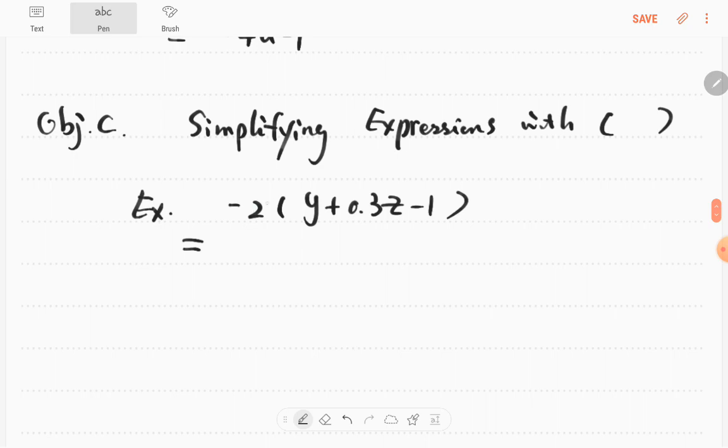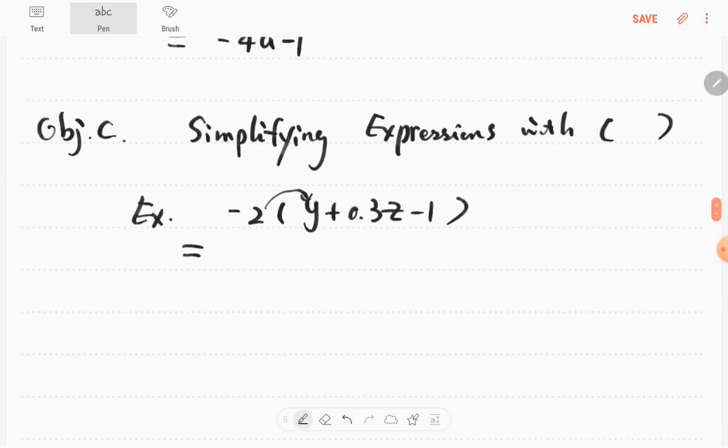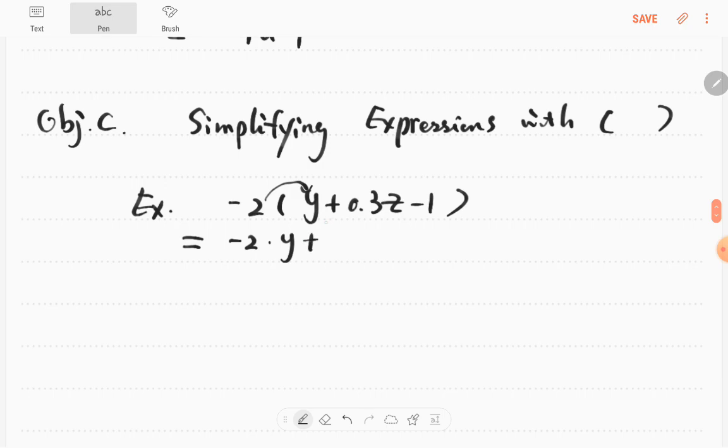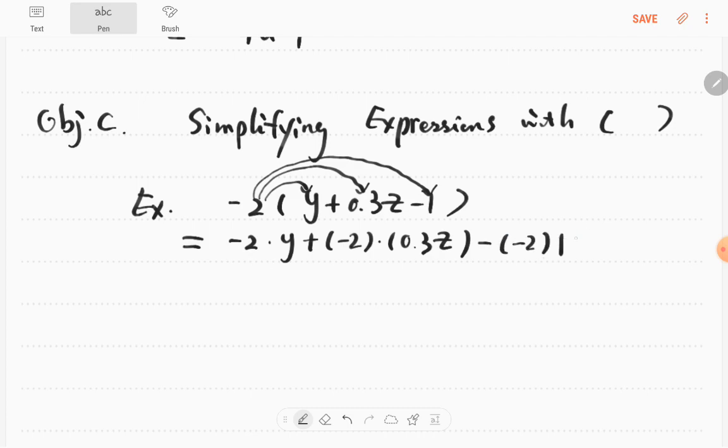So first, -2 should times the first term in the parentheses. -2 times y. Then copy the sign here. It's plus. Then -2 should times the second term. Then we just copy the sign, negative sign here. After that, -2 should times 1. So we need to do the multiplication.